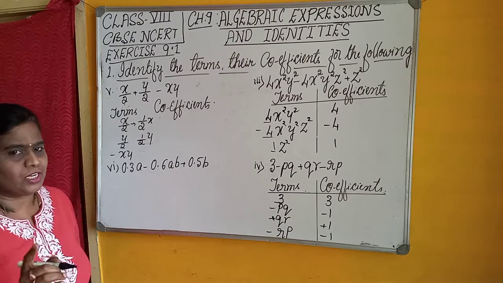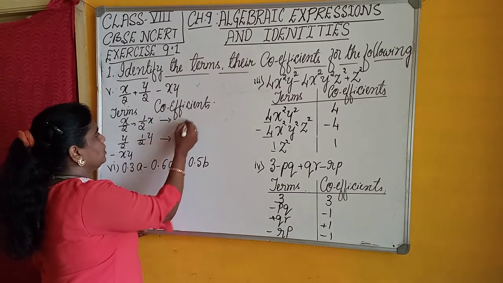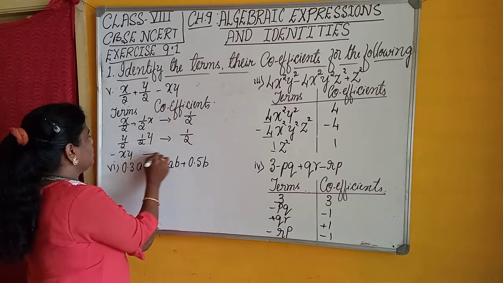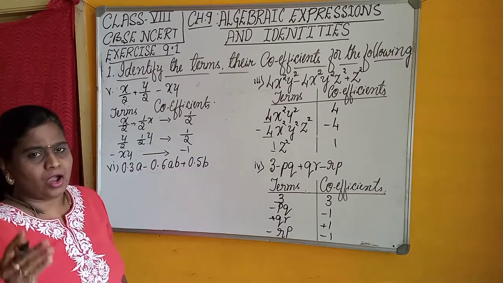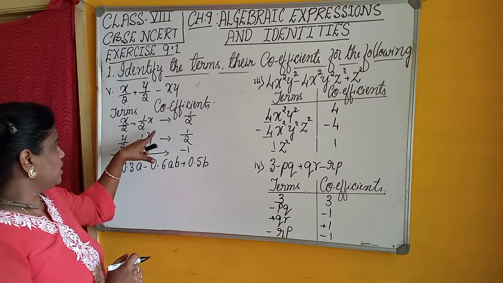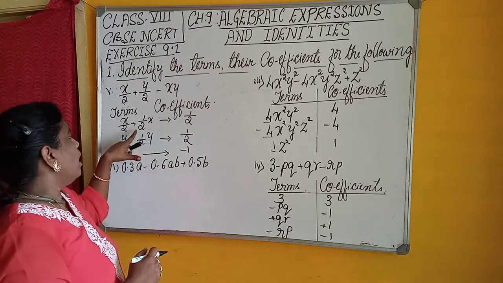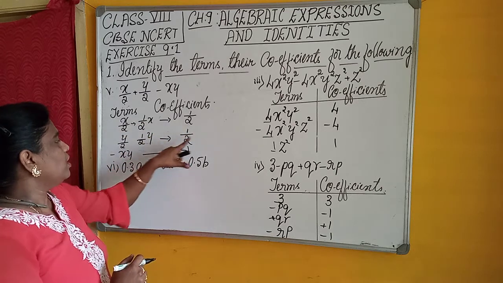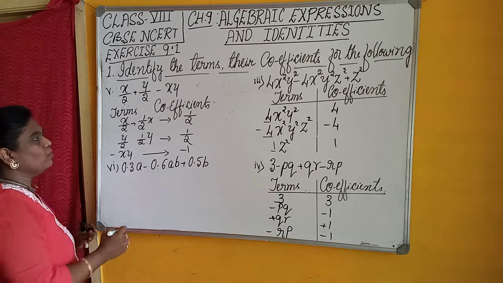Now you can understand which one is the coefficient. The numerical coefficient here is 1 by 2 and here also 1 by 2. In minus 6y it is minus 6. Understood how we are taking?